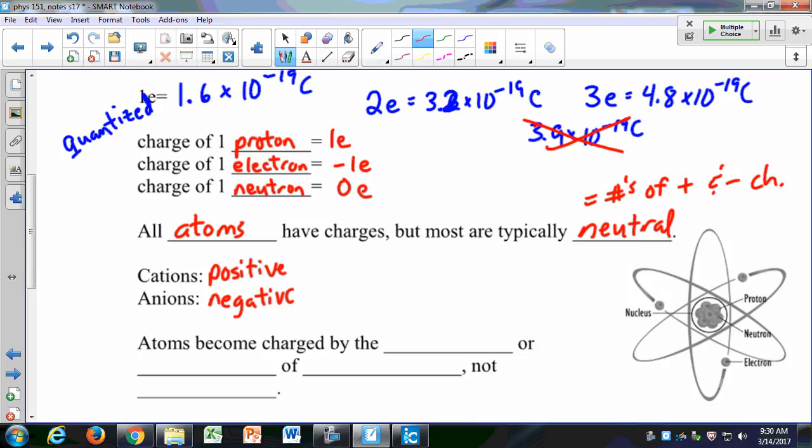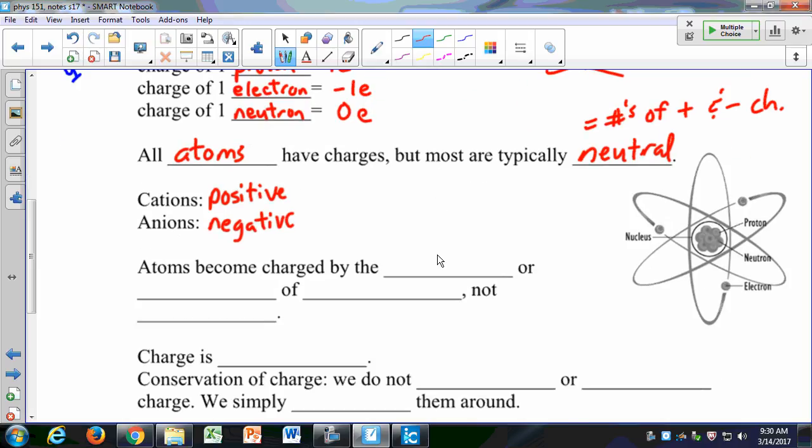This will be important when we talk about the nervous system and how that works, because we'll talk about how these different ions travel back and forth across the cell membrane. And so we need to know which are positive and which are negative. This one has too few electrons, and this one has too many electrons.